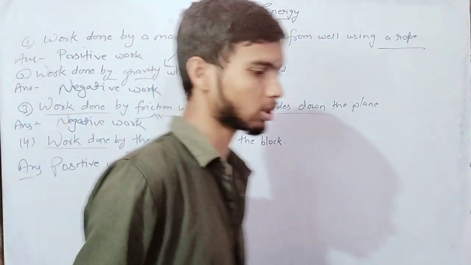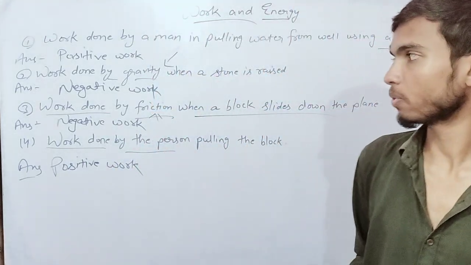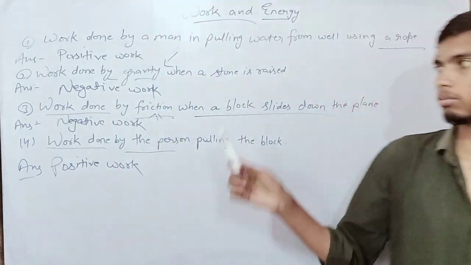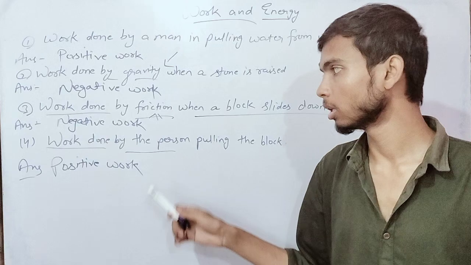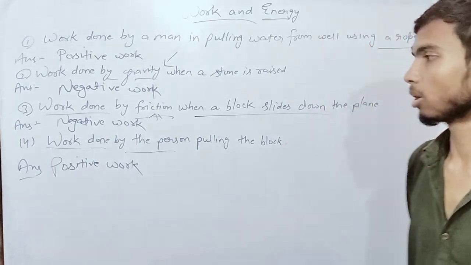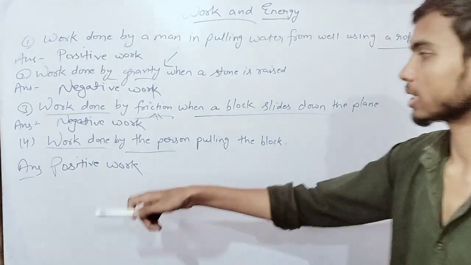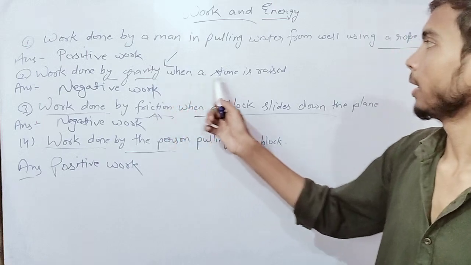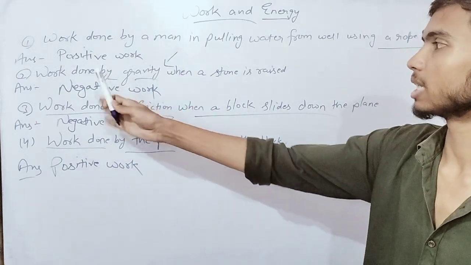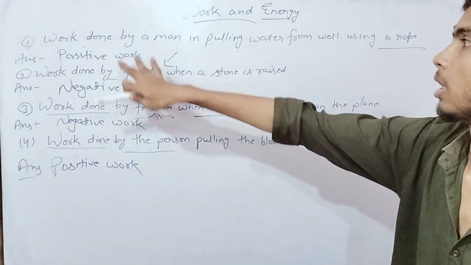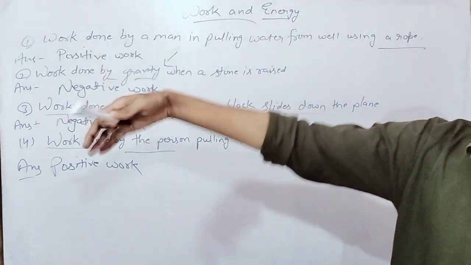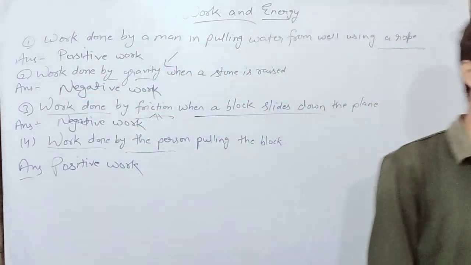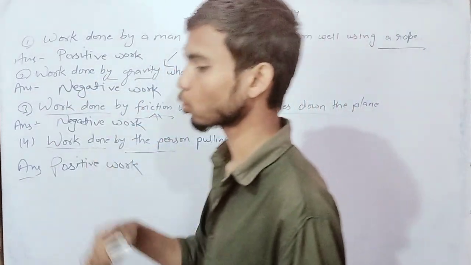Here was the word friction. That's why we said work done would be negative. Here is the word pulling, that's why we are saying this is positive. Here is upward force, that's why we said this is negative. In this, rope is being pulled, so it is also positive.